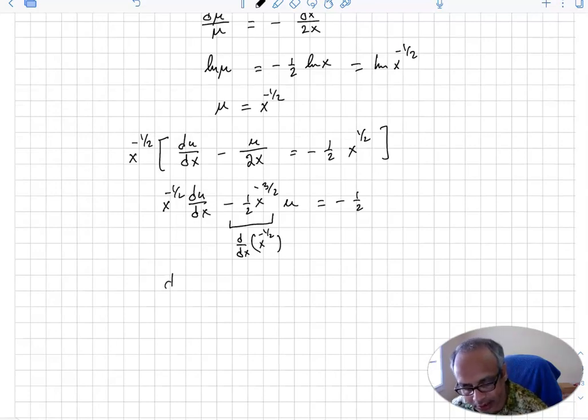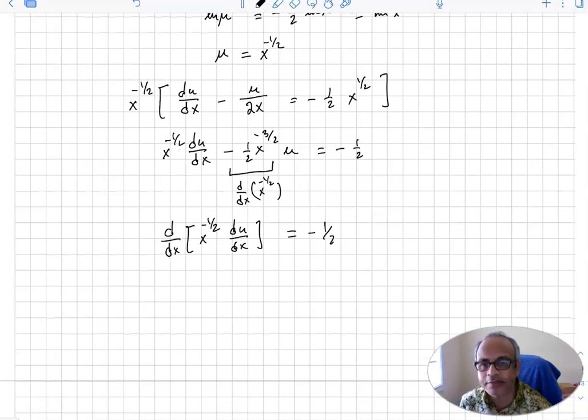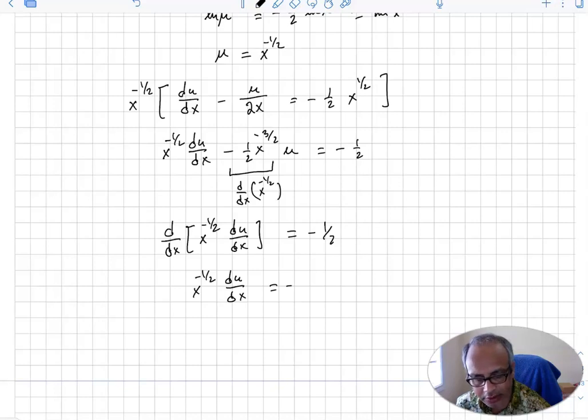So that means you get d/dx of x to the power negative half u on the left-hand side, and on the right-hand side just negative half. And this is something that you can just integrate, right? x to the power negative half u equals negative half x plus a constant.